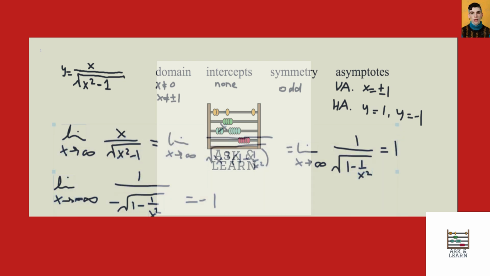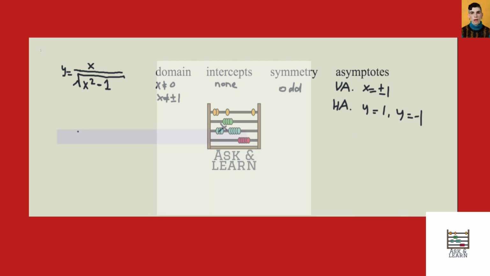And now we can graph with the information that we have. I'm going to put in the asymptotes in green. So here we know x is plus or minus 1, 1 and negative 1. Those are our vertical asymptotes.